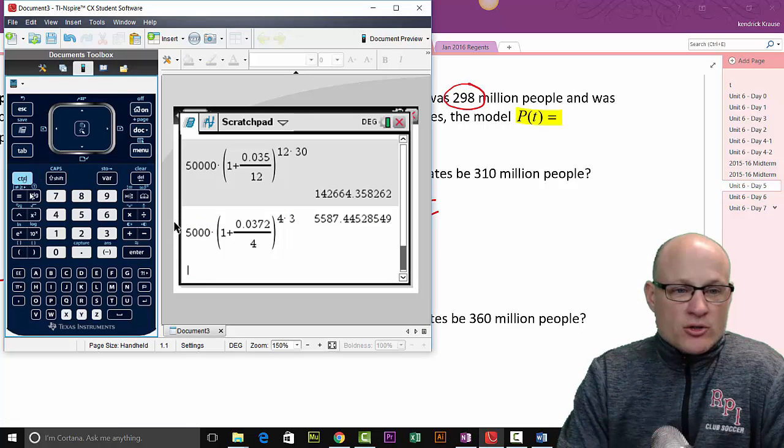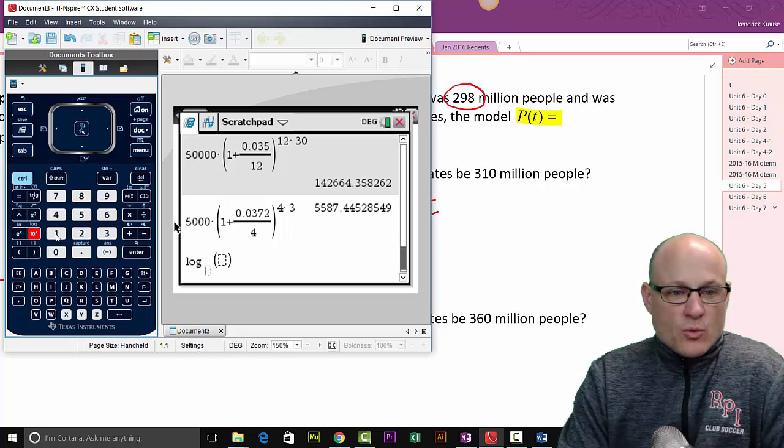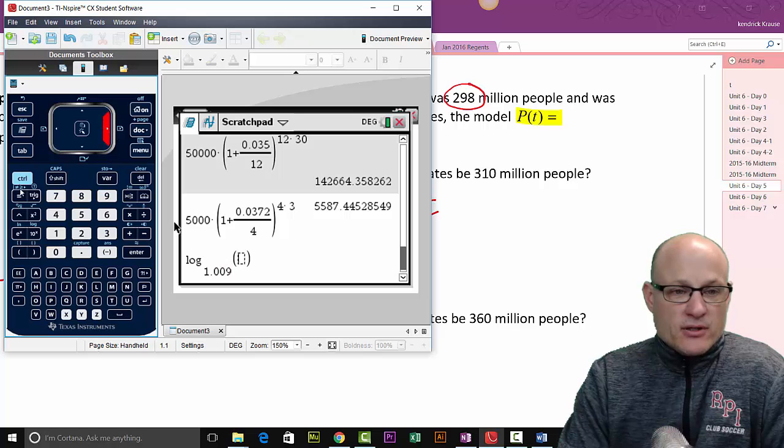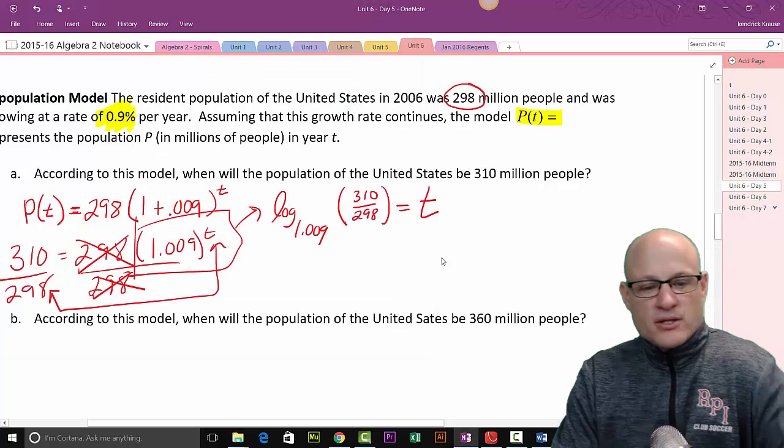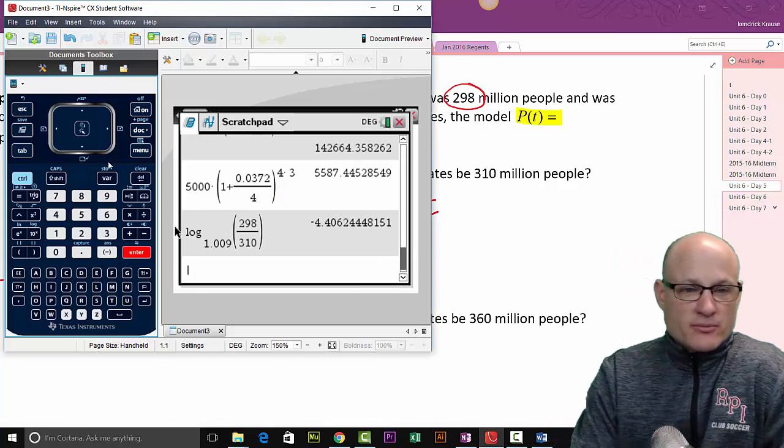So control log 1.009 of 298 divided by 310. And I get, I knew I did that wrong because I knew that was going to be a negative number.